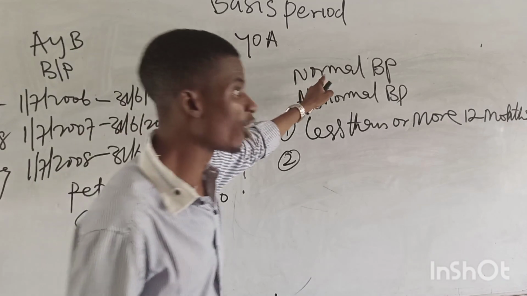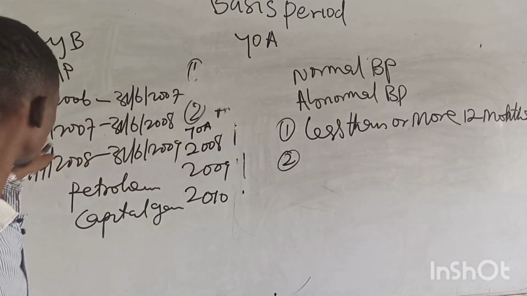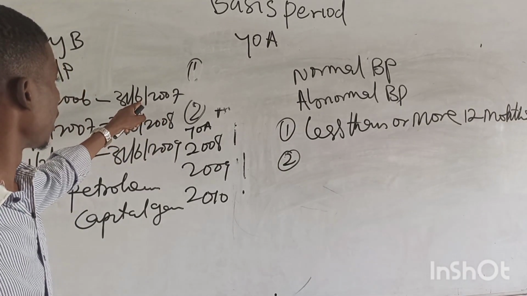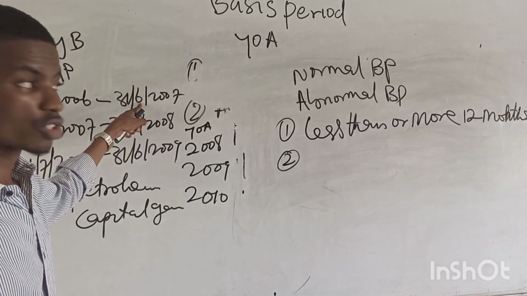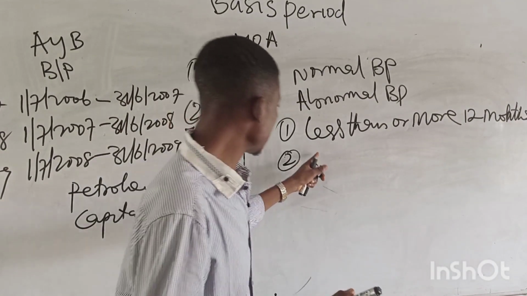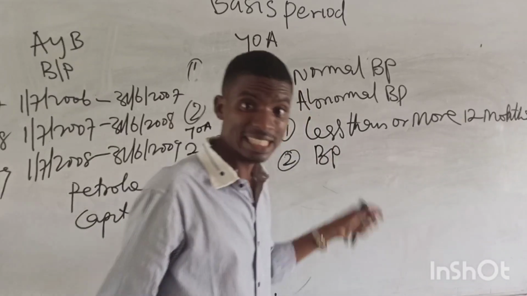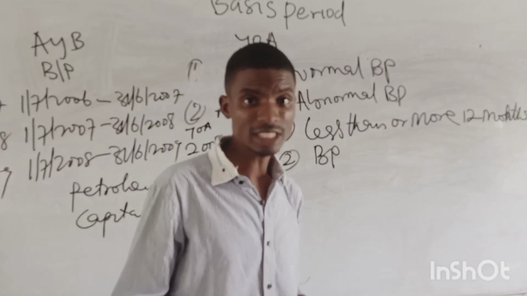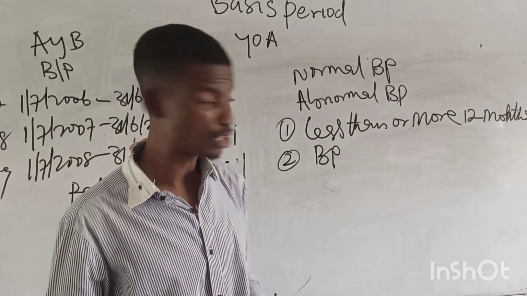Under normal basis period, the business is supposed to start on 1st July, which is a day after the business ended its previous accounting period. That is the number 2 feature.